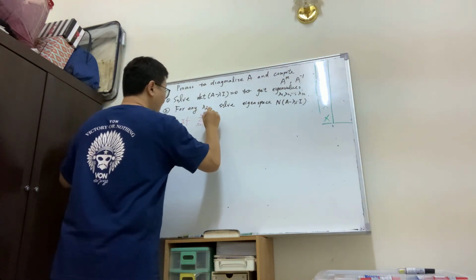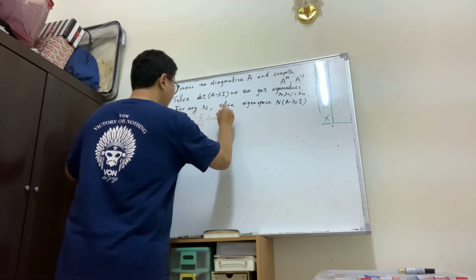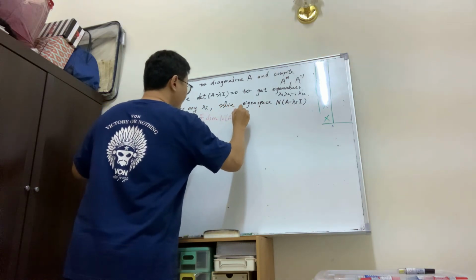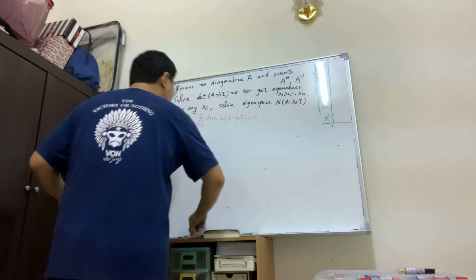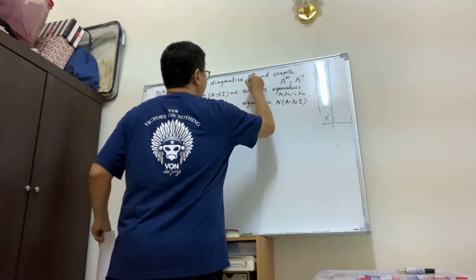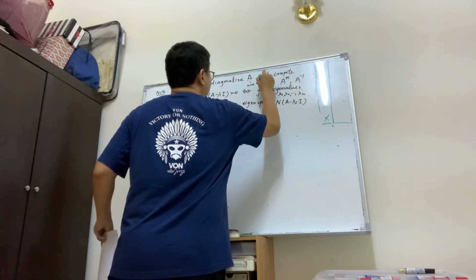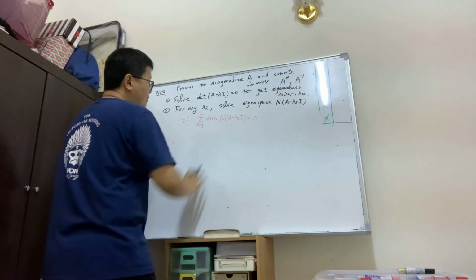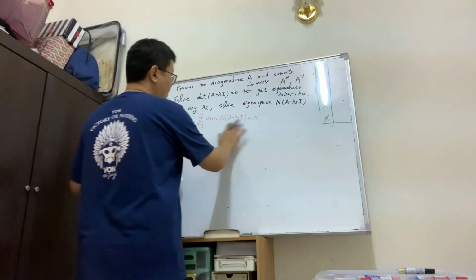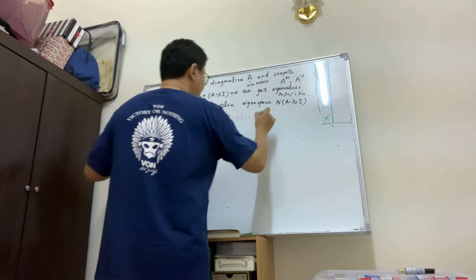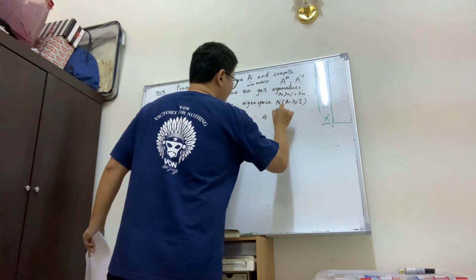If the sum of the dimensions of the null spaces equals n, where A is an n by n matrix, then A is diagonalizable.